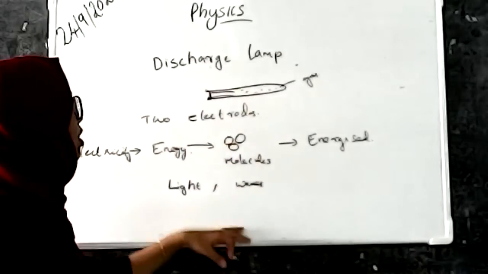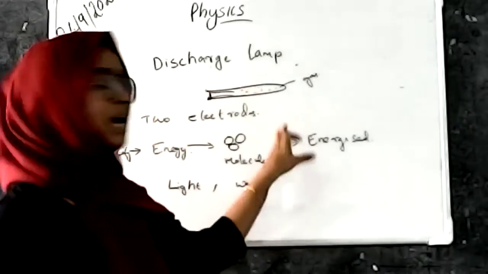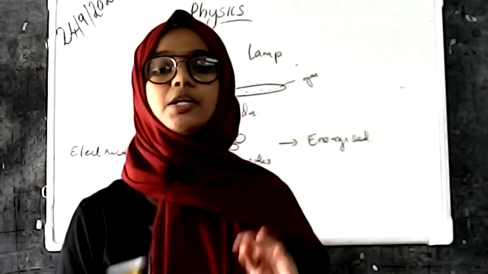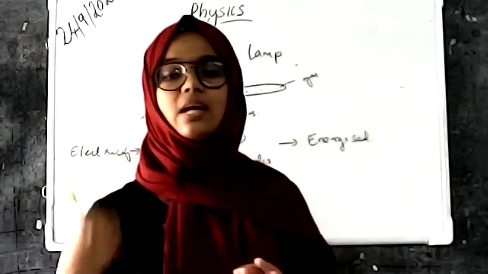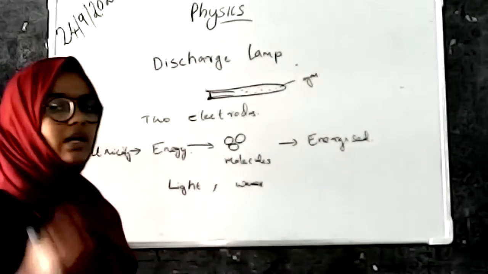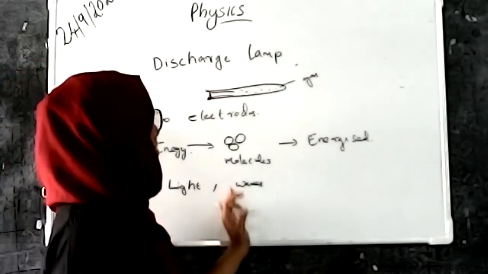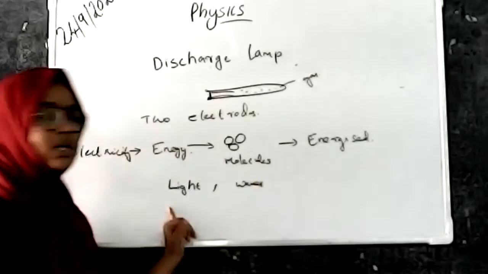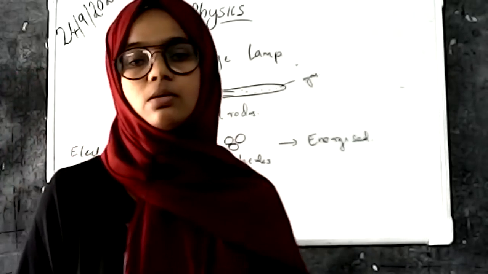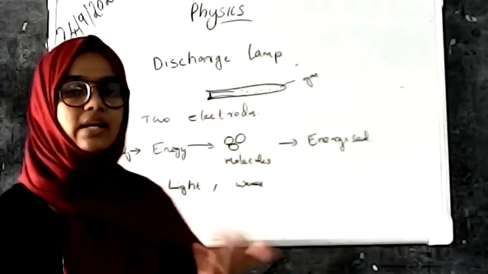This is the working of the discharge lamp. And the more energized molecules tend to come back to their original or stable position. To come to the stable position, they transform their gained energy in the form of radiation.